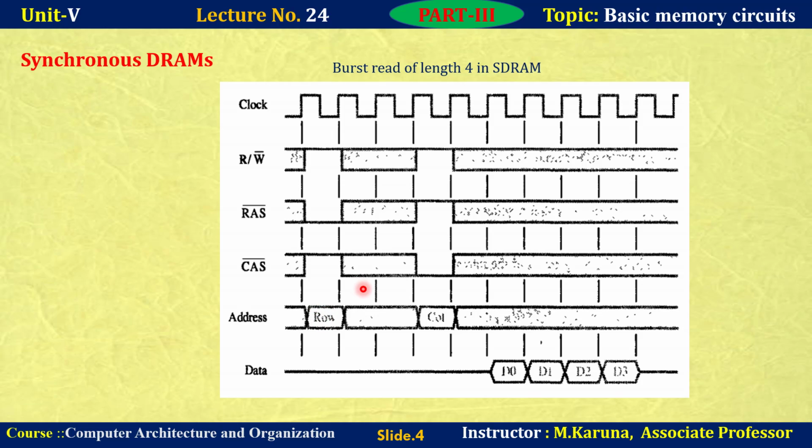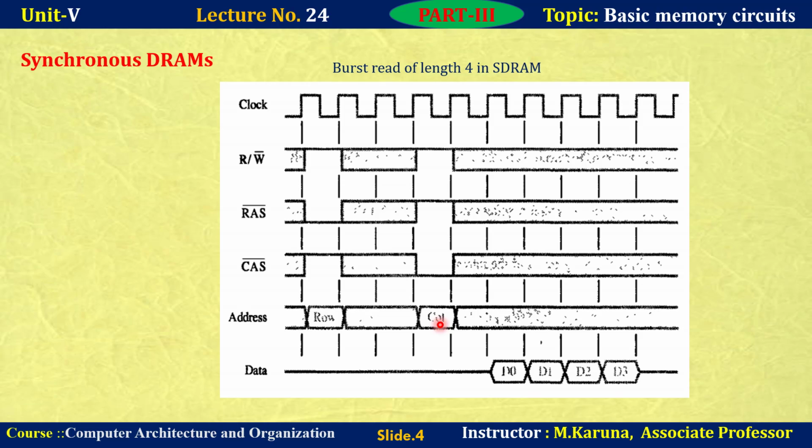Now after some clock cycles, as the memory typically takes 2 or 3 cycles to activate the selected row, the column address is latched. This is the column address strobe, an active low signal. The column address is latched under the control of CAS. Whenever CAS is active low, the column address is placed on the address bus.